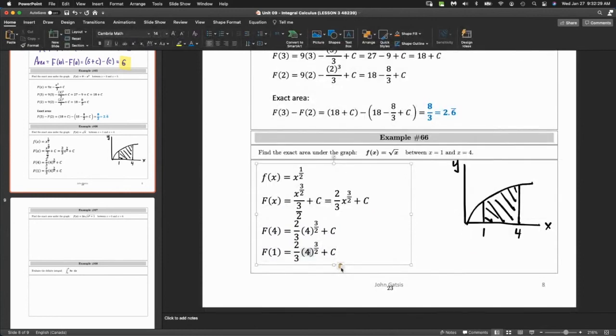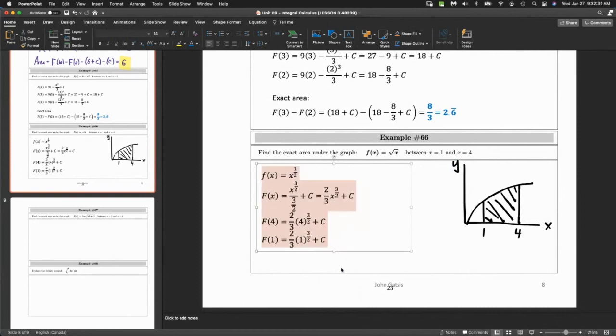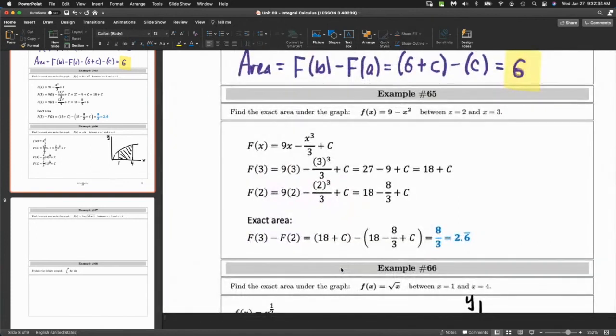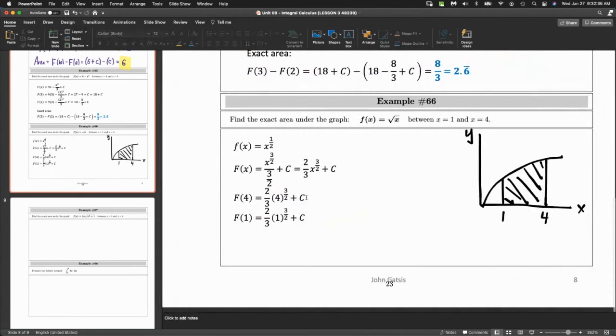So I'll put a 1 there. If you do the first one here, you can use a calculator, but you can do this in your head as well. I think that's 16 over 3. Can someone confirm 16 over 3 for that? Thank you. And that one's easy. This one's a joke, because 1 to the power of anything is just 1. So this just becomes 2/3.